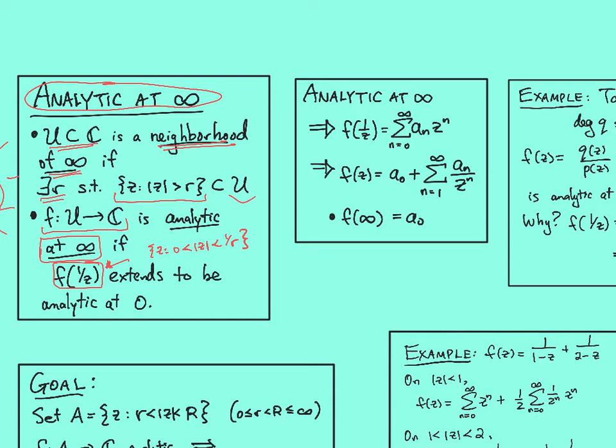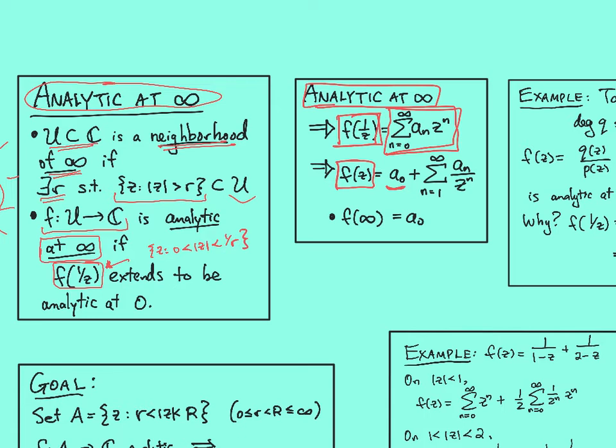Well, if you're analytic at infinity, then f of 1 over z is analytic at 0, so it will have a power series representation. And if we put 1 over z back in for z, then you can extract out a formula for f that's valid on this neighborhood of infinity. It's helpful to take out the 0 term, because I don't want to write z to the minus 0, which might be confusing.